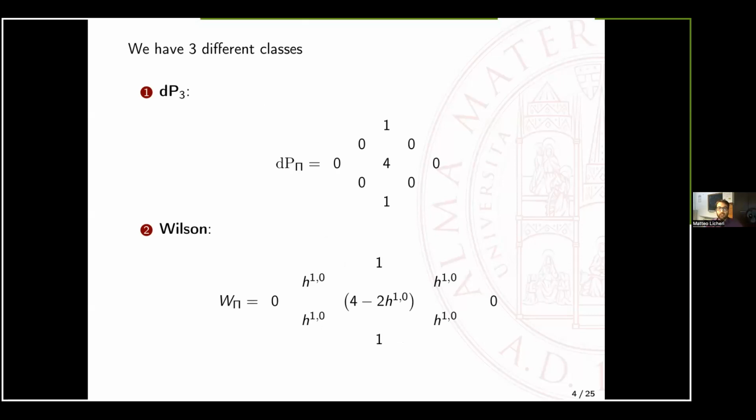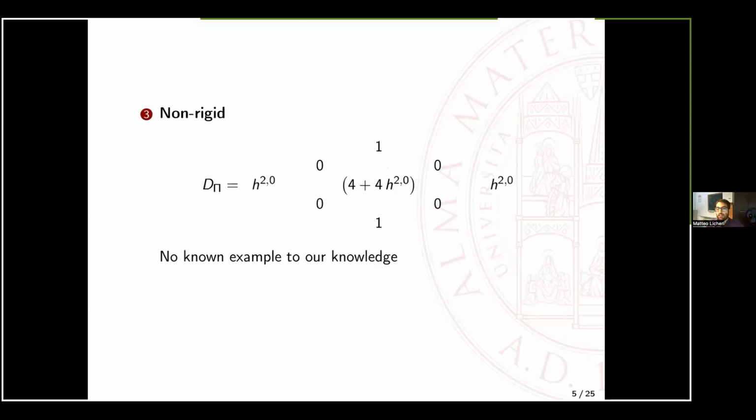Then we identify Wilson divisors, where we have Wilson lines, so h10 is bigger than 0. And the third case is non-rigid, where instead we have h20 bigger than 0, but let me point out that to our knowledge no known examples have been found of this geometry, this topology.